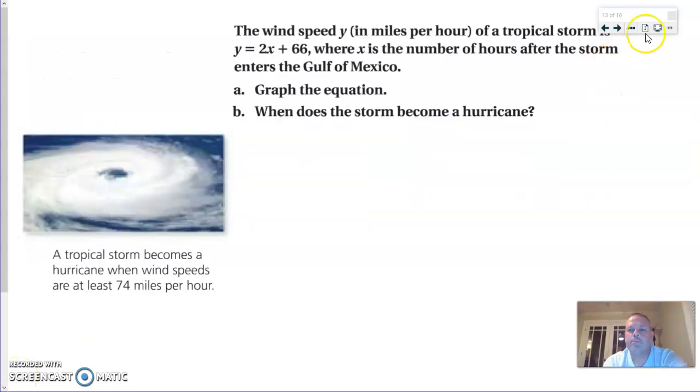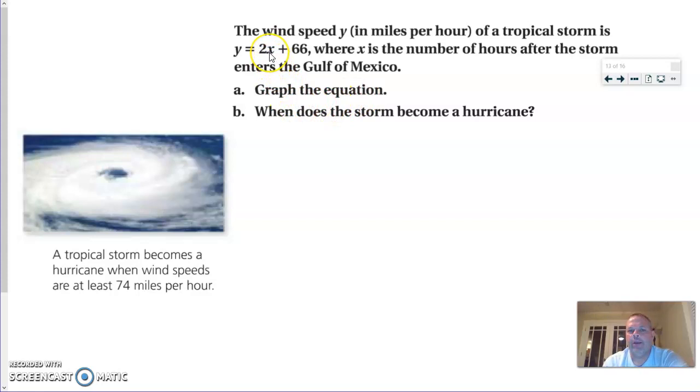So one of the things we might be able to do is a problem that looks like this. The wind speed y in miles per hour of a tropical storm is y equals 2x plus 66, where x is the number of hours after the storm enters the Gulf of Mexico. Graph the equation.